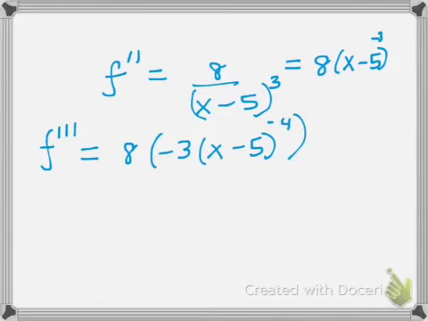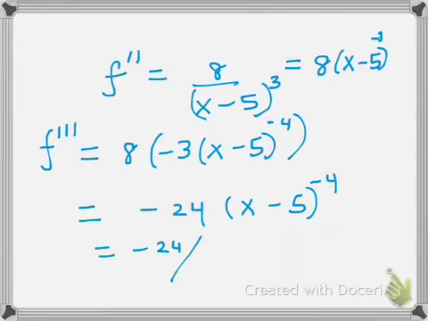And the derivative of x is 1, right? So you get 8 times 3, so you get negative 24, x minus 5 to the power of negative 4, or negative 24 divided by x minus 5 to the 4, and so on, right? You can find the fourth derivative or even other derivatives.